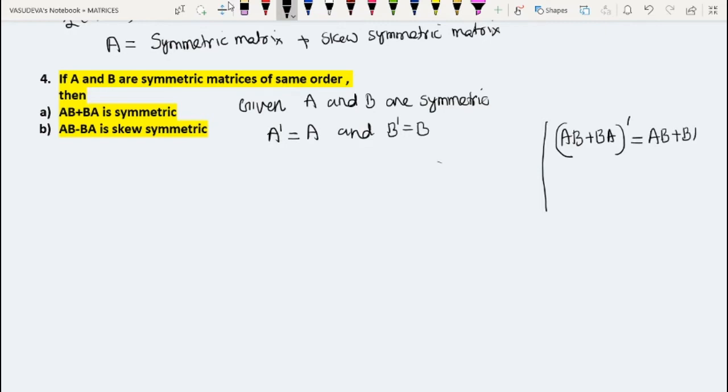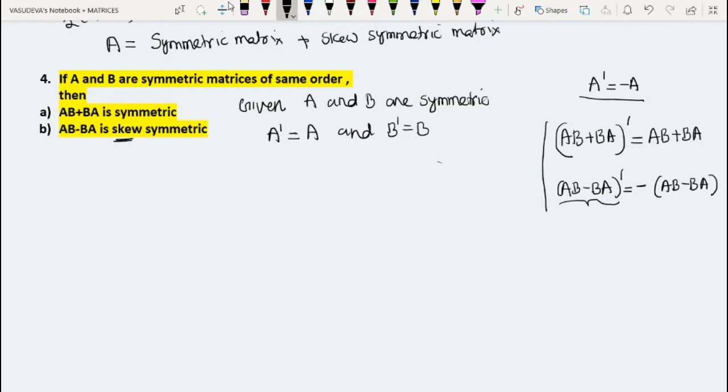For the second part, to show AB minus BA is skew symmetric: we know a matrix is skew symmetric if A dash is equal to minus A. So we have to show that AB minus BA whole dash is equal to minus AB minus BA.